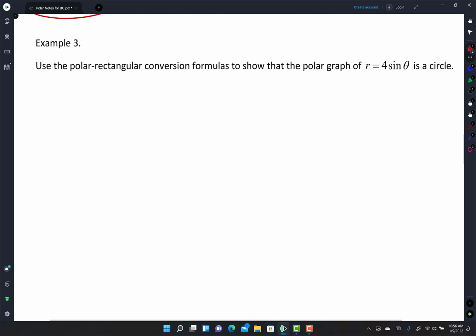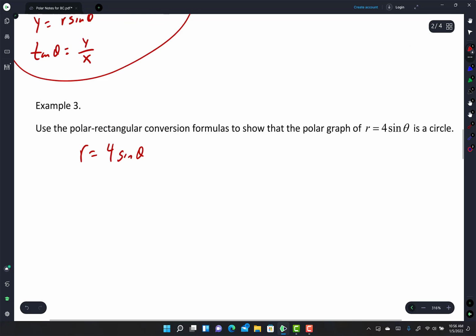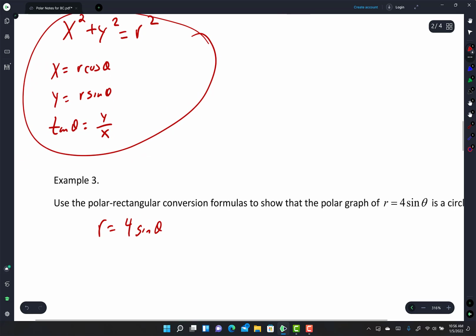It says, use the polar rectangular conversion formulas to show that the polar graph r equals 4 sine theta is a circle. And yes, we'll go over this in more detail, so don't worry. So I have r equals 4 sine theta. I'm trying to convert this into x and y, right? So we're going to do a hack. I'm looking at these formulas right here, and I'm like, man, what can I do? Well, we're going to multiply both sides by r.